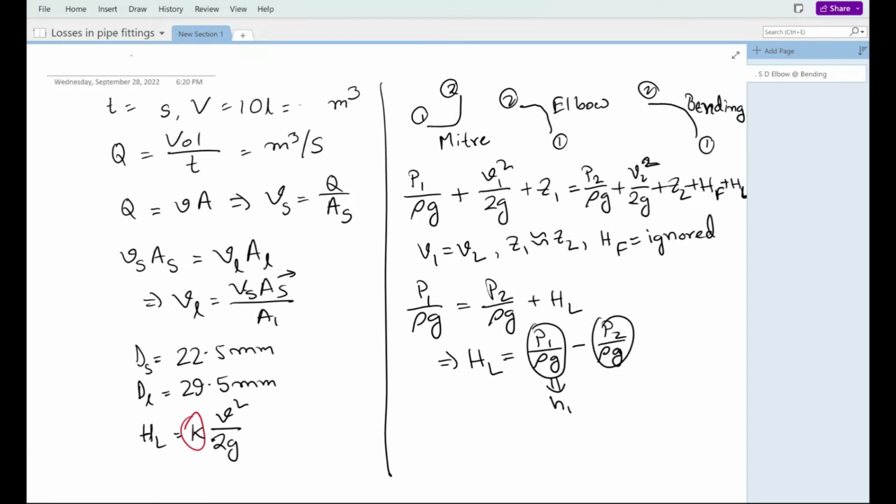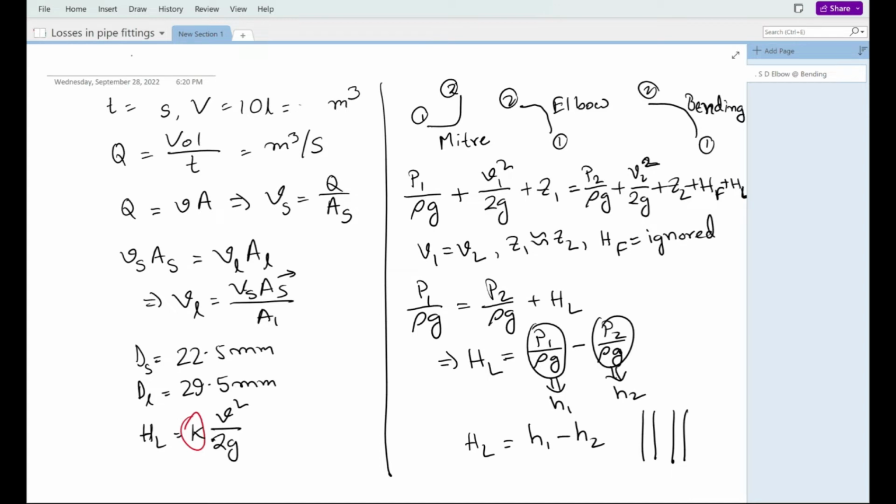So it will be like a y equals mx type equation, right? It should be a linear relationship. Your x-axis is V square divided by 2 times gravity, y is HL. So you have 5 different velocity readings. Plot it in Excel, draw a linear trend line, and from the linear trend line, take the slope.